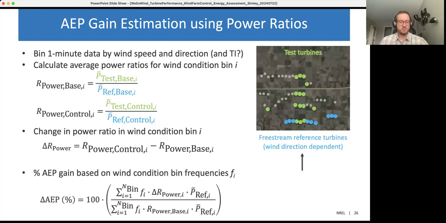Then if we want to know what the percent change in annual energy production is with wind farm control, we can come up with this equation to calculate that percent change.